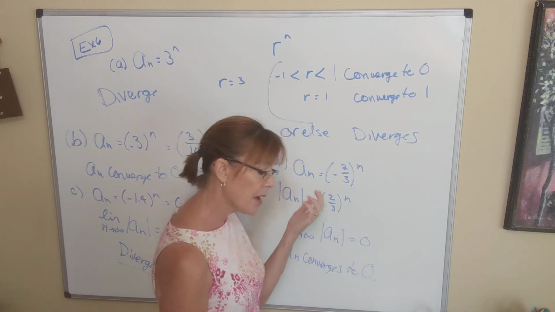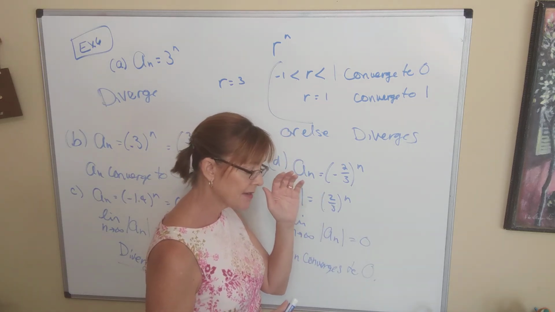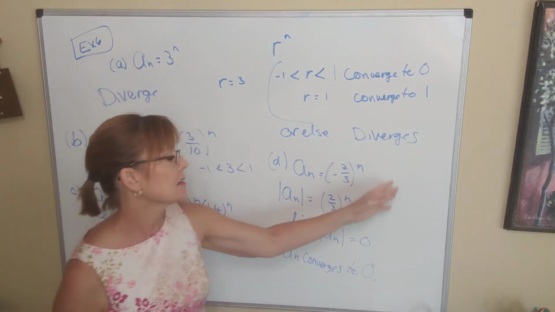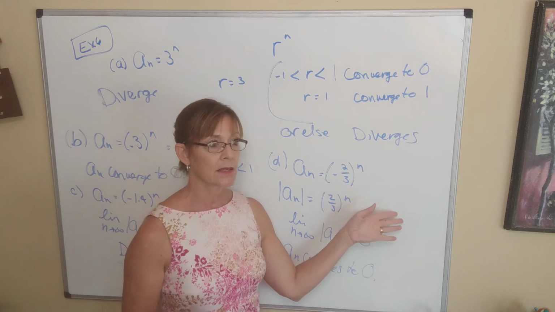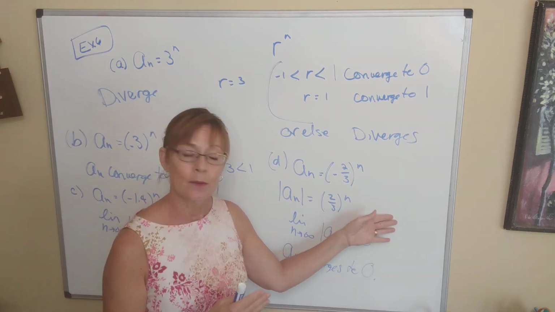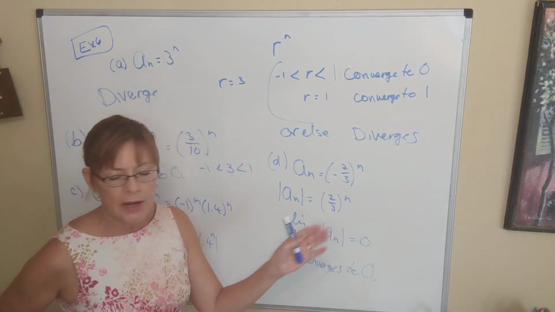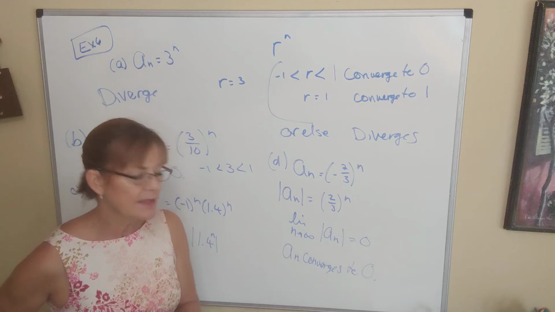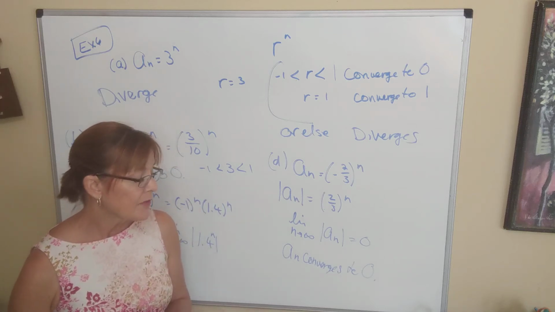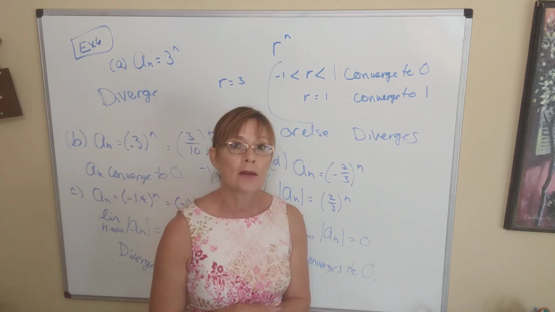It can be bounded above if there's a number m such that a sub n is less than or equal to that value. It can be bounded below if you can find a lower number for which your values are greater than or equal to that number. So it can be bounded above or below. If it's bounded above and below, both of those, it's called a bounded sequence.